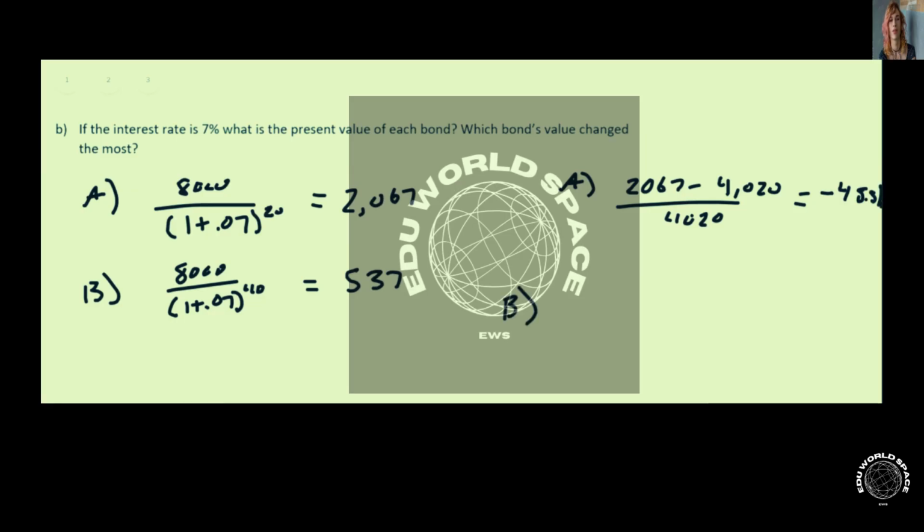For bond B, we're going to do the same thing: 537 minus 2,020 over 2,020 equals minus 0.735, or minus 73.5%. So we see that the 40-year bond is more sensitive. The decrease in the price is greater.